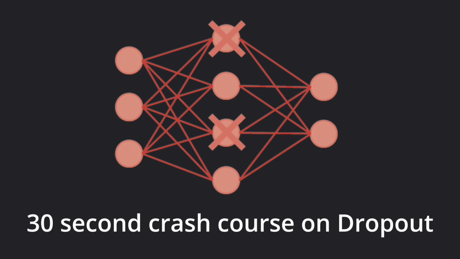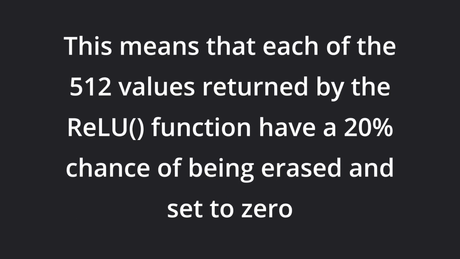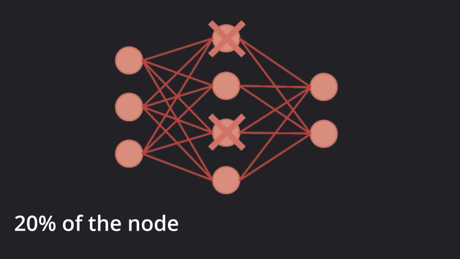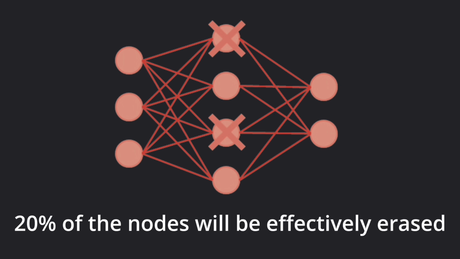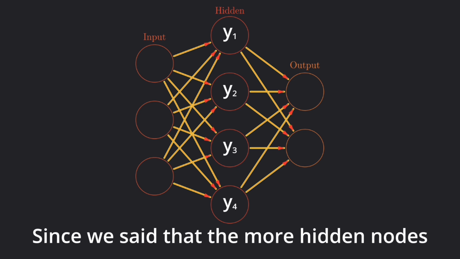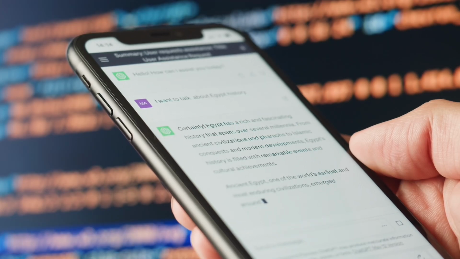30-second crash course on dropout. This means that each of the 512 values outputted by the ReLU function have a 20% chance of being erased and set to 0. So on average, 20% of the nodes will be effectively erased. This might seem counterintuitive since we said that the more nodes we have in this hidden layer, the more the model can learn.